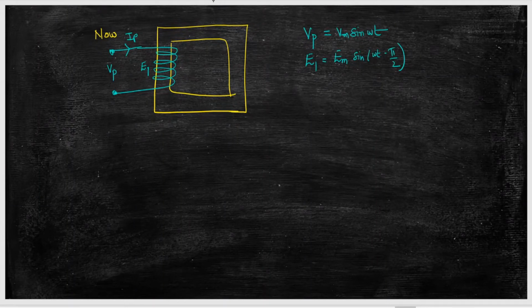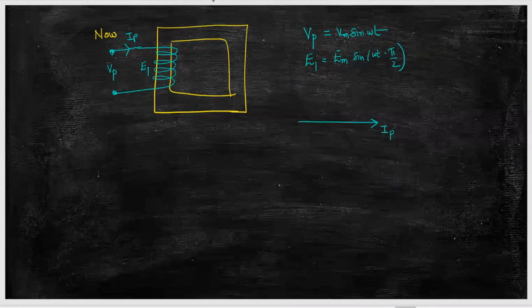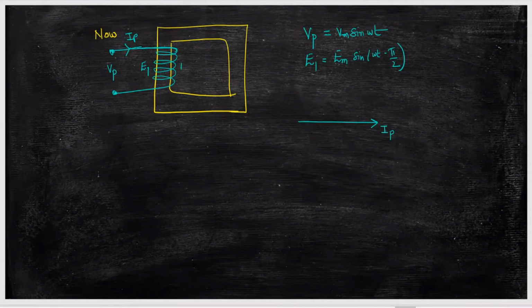Suppose this is the EMF or Ip. Let us consider the primary winding with NP number of turns as a pure inductor.